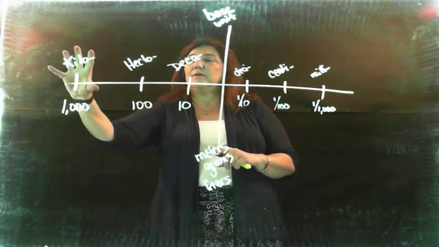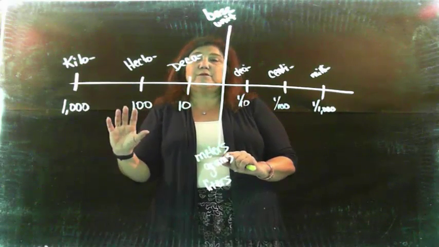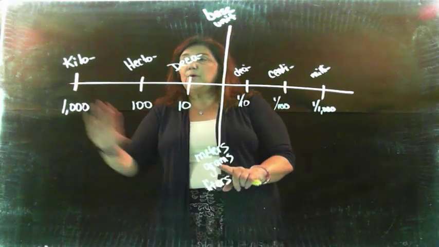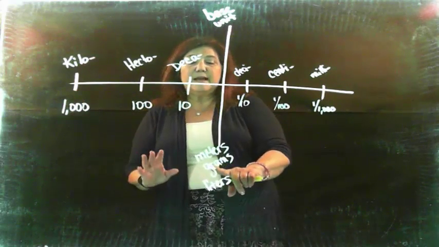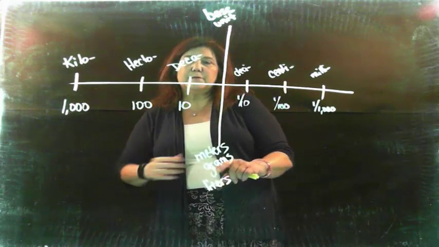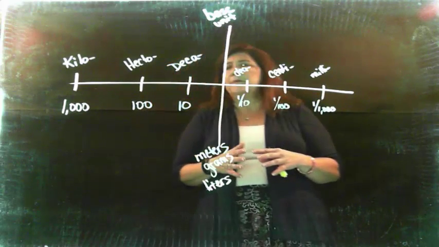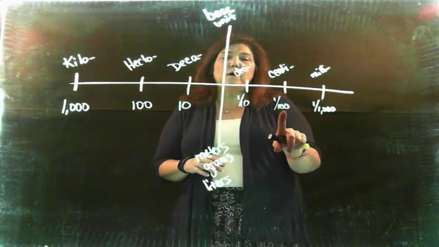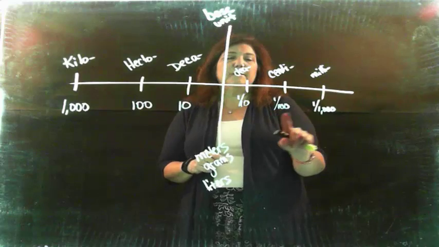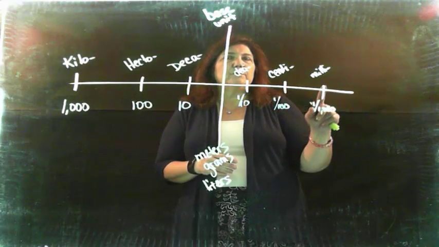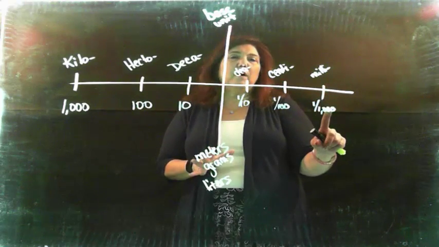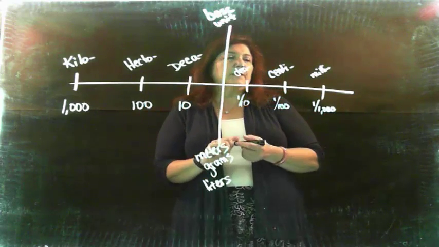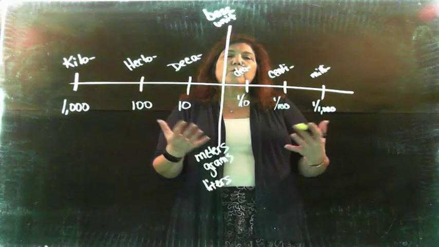And when we start talking about kilograms, kilo is a prefix that means 1,000. So if I have a kilogram, that means I have 1,000 grams. So it makes it easy to remember that. The other two that we need to remember are centi and milli.